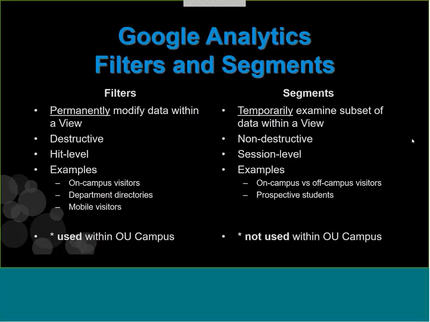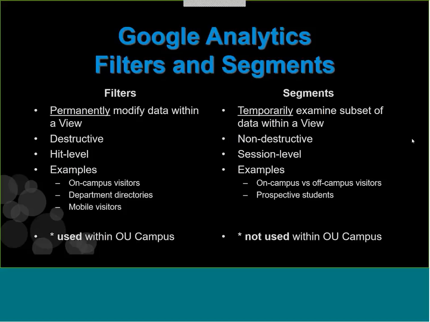So filters apply to a view, and they are destructive, meaning that if you add a filter to a view, it tells Google Analytics to permanently exclude or permanently include, depending on how you have your filter set up, a specific set of data.